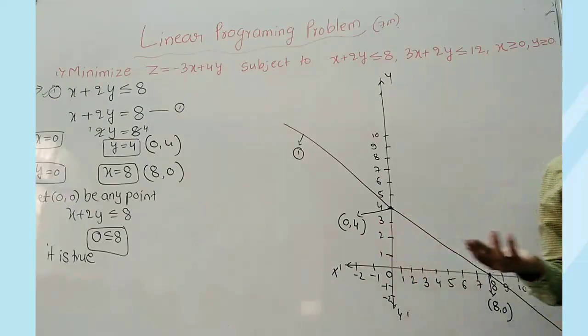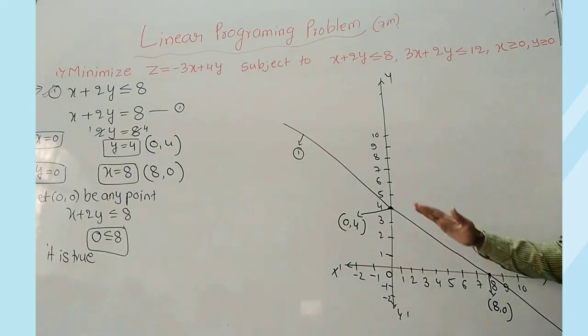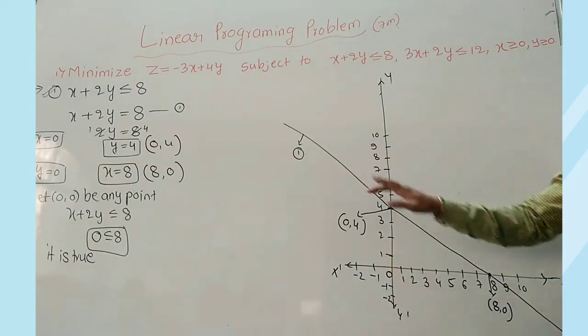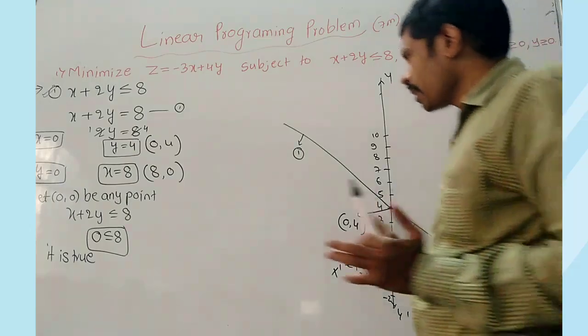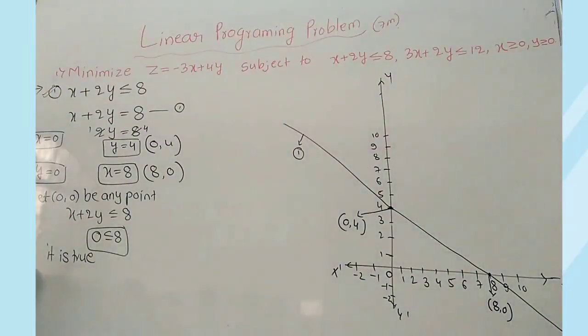Which is our point? 0, 0 is our point, so definitely the solution is on this side only. Suppose we got false, then the solution is on the opposite side. Now we got true, therefore the solution lies where?